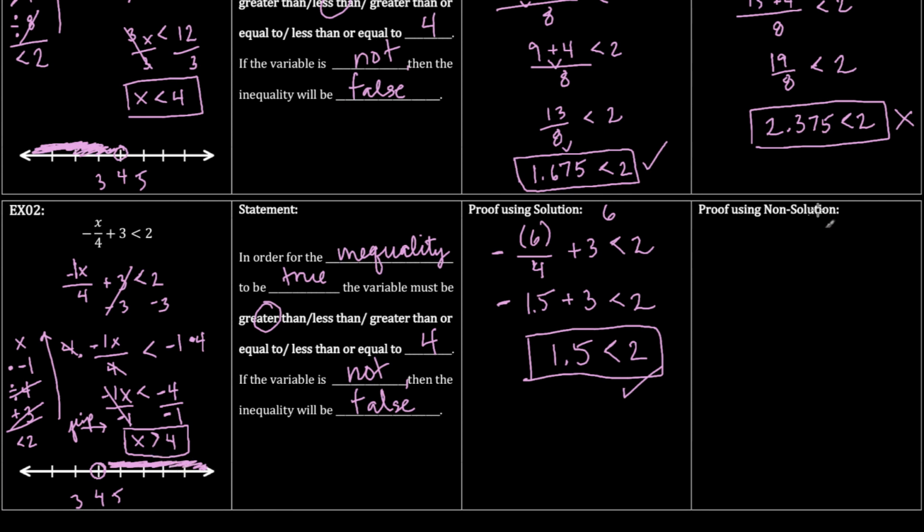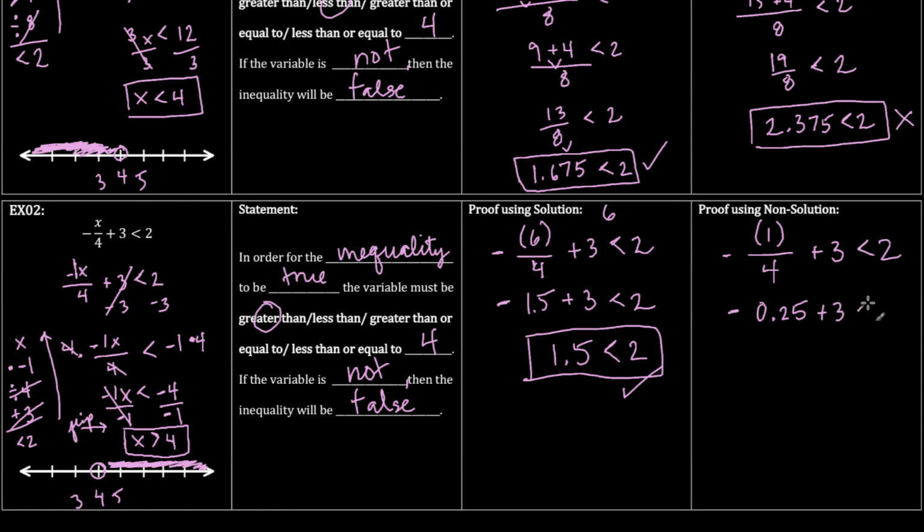And let's pick one that's not a solution. So what's not greater than 4? I'm going to pick 1, I guess. I'll put it on the side like in the problem, just so y'all can see that it's the same. 1 divided by 4 is 0.25.